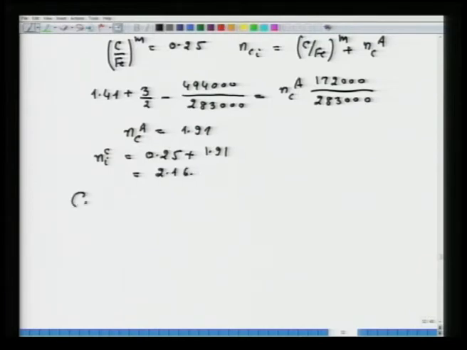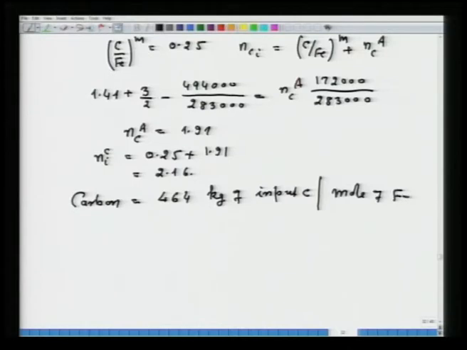Therefore, carbon supply required will be 464 kg of input carbon per mole of product iron. That is what I wanted to illustrate, how to use this equation, and you have seen how easily this equation can be updated according to the prevailing condition in blast furnace iron making.